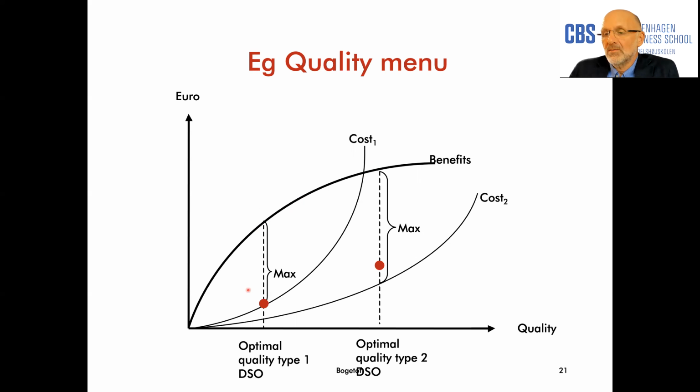And then if you have one company with a cost function C1 here and another one with a cost function C2 here, then if you were to find the optimal cost-quality level, then for the company in area 1, which is operated by company number 1, the largest difference between the benefits and the cost is at this level here. So this is the optimal quality level for DSO1, and the other, DSO2, should actually operate at a higher quality level. In region 2, you should have a higher quality level.